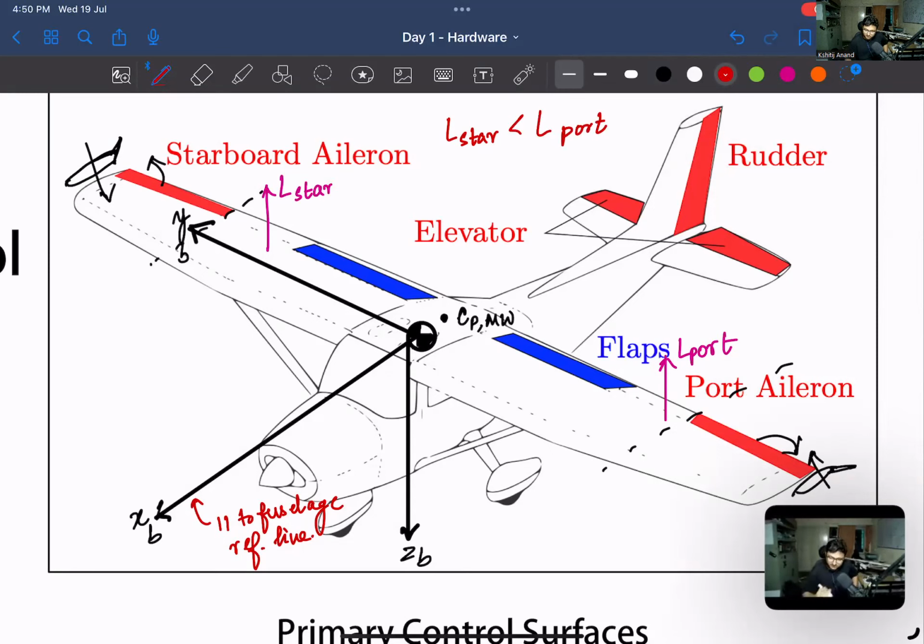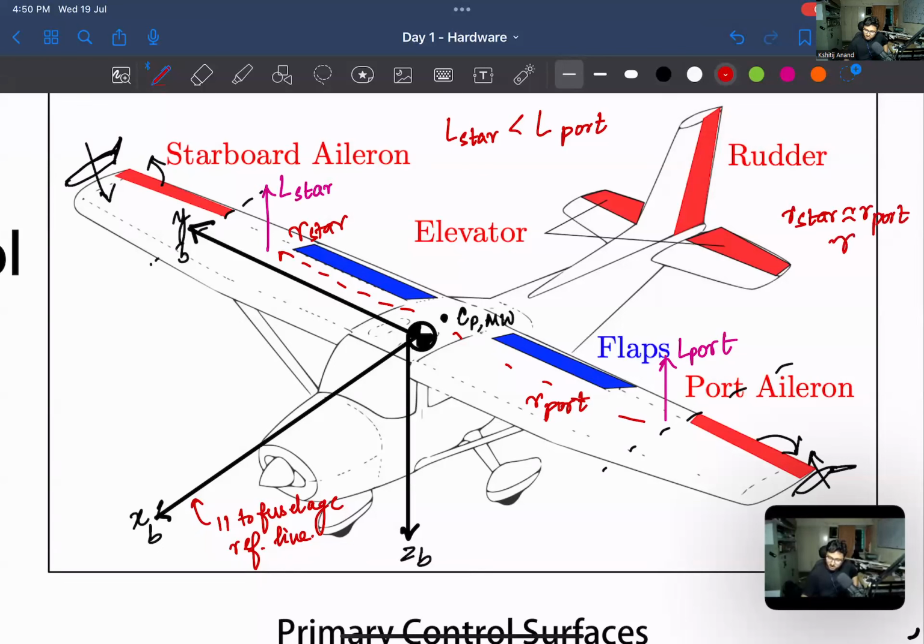Which means that if I were to take a moment of these two lift forces, right? So let's say this is our starboard and this is our port, which I can say is roughly similar. So we have R starboard roughly equal to R port.